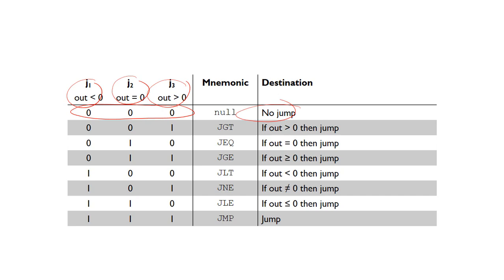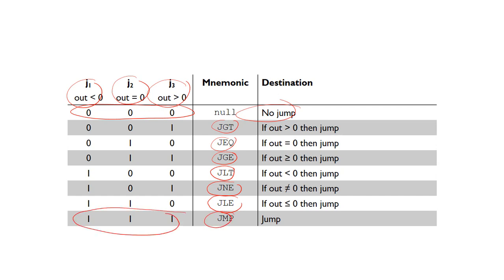But then we can do jump if the output is greater than 0, jump if the output is equal to 0, jump if it's greater than or equal to 0, jump if less than 0, jump if it's not equal to 0, jump if it's less than or equal to 0, and also just an unconditional jump.